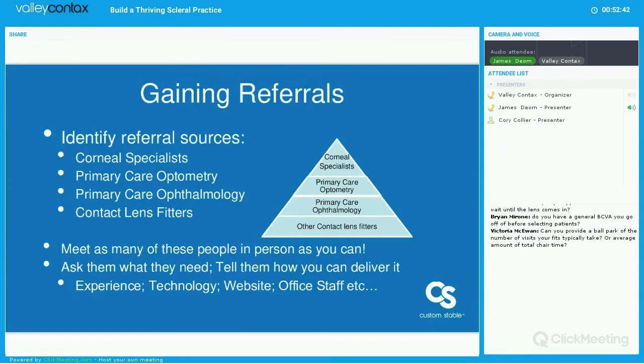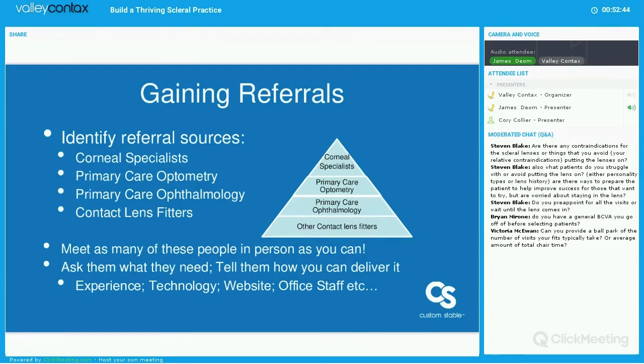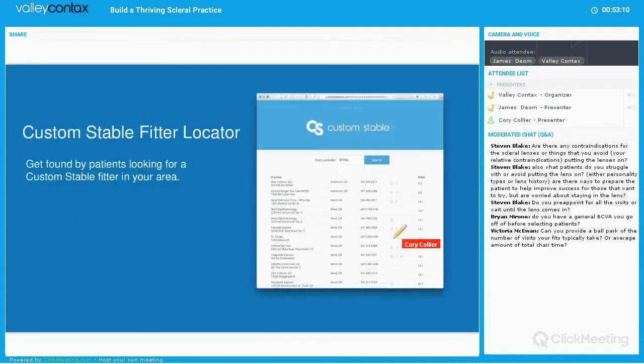And I would provide food, nothing crazy, but maybe some donuts or some coffee cards or something like that to the office. I've done that every single time I've gotten a first-time referral from a doctor, and it is always paid in spades. Take a couple bucks and thank that doctor, thank that office. They're the people that are going to get those patients to your office and build your referral base.